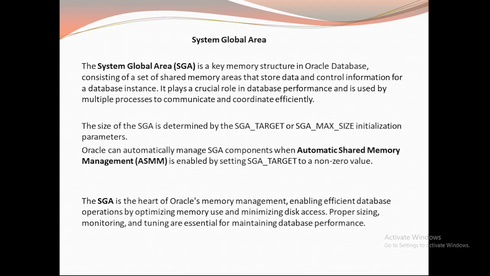This is the main thing of Oracle for the memory instance. Everything you do with the Oracle database, stored or accessed, will be inside this area, the System Global Area. This is a key memory structure in Oracle database. It consists of a set of shared memory areas that store the data and control information for the database instance.